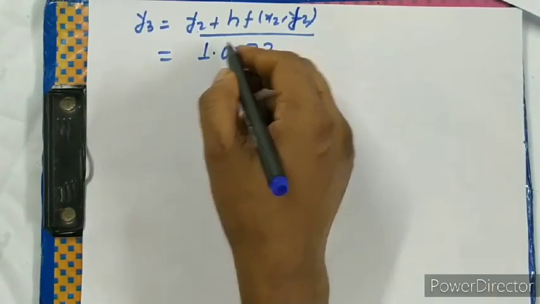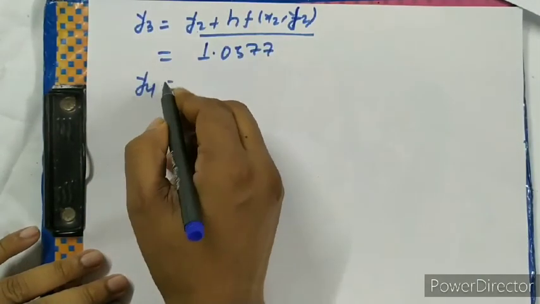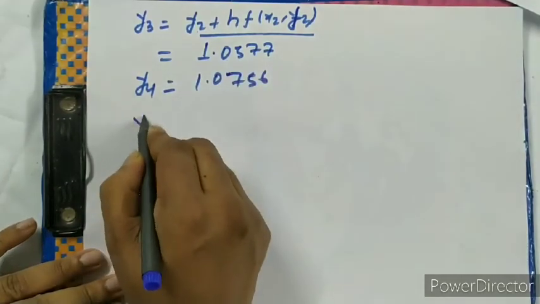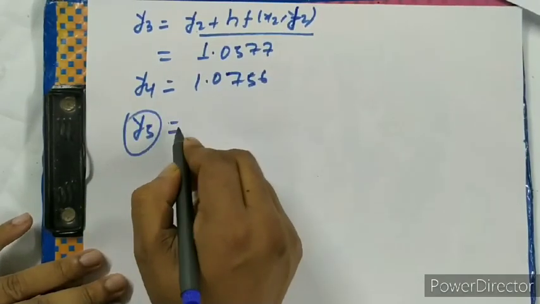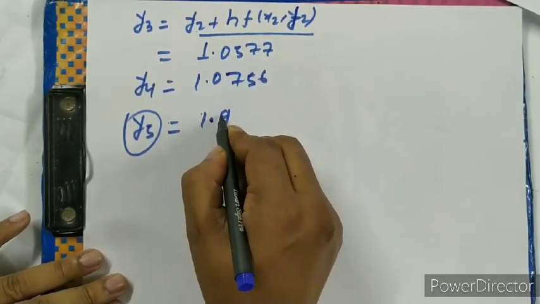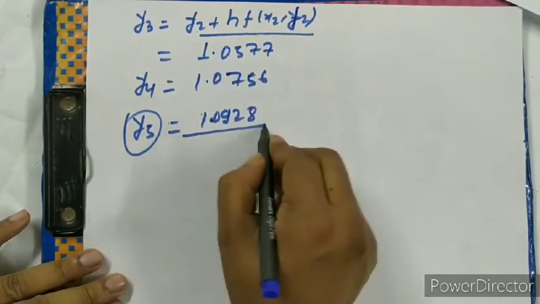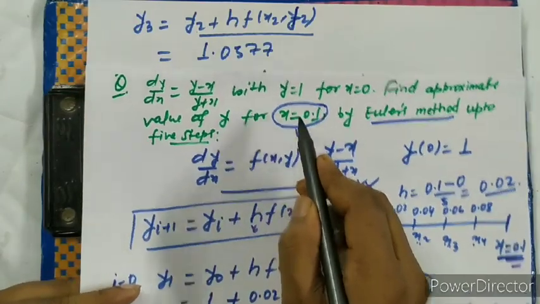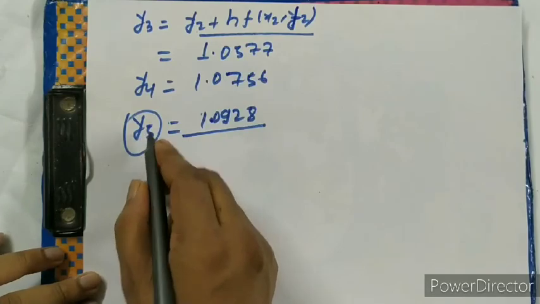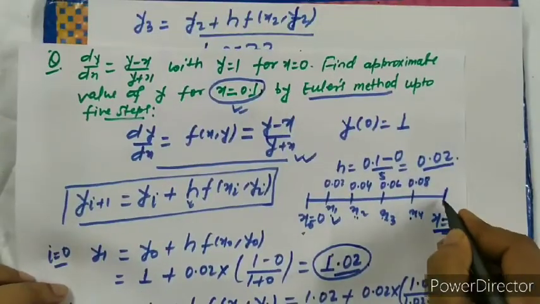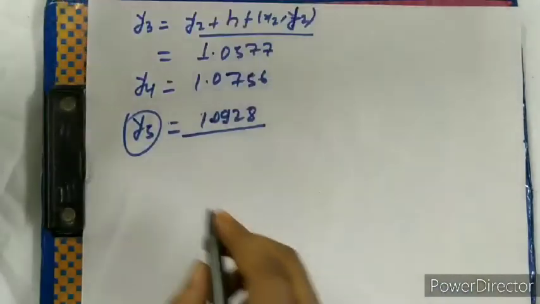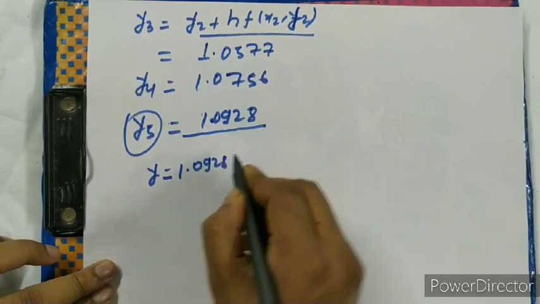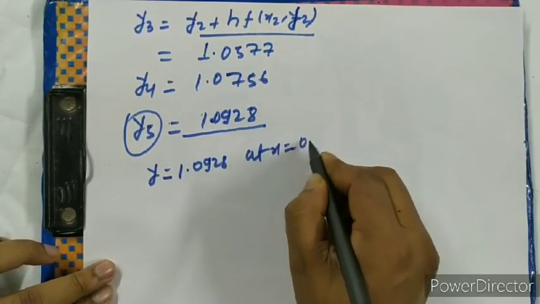Okay, in the next step, y4 similarly is 1.0756, and similarly y5, which we have to calculate, is equal to 1.0928. Okay, हमें क्या फाइंड करना था? y की वैल्यू x is equal to 0.1. So y5 is the value at x is equal to 0.1. So y5 is equal to 1.0928 at x is equal to 0.1.